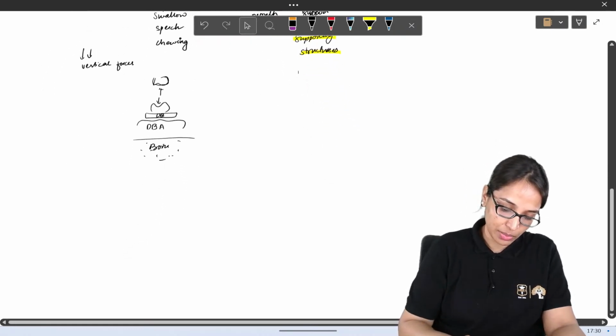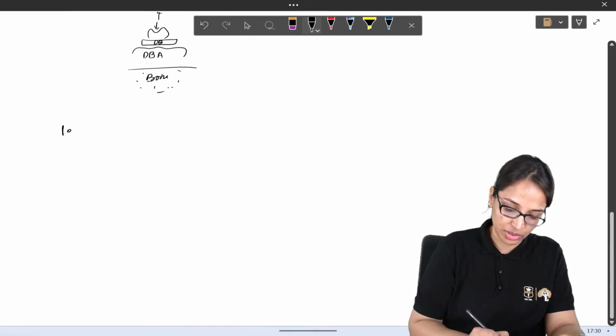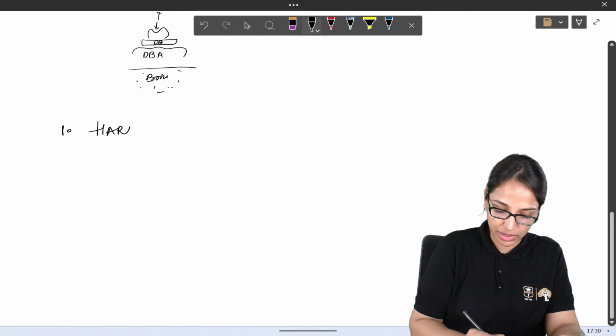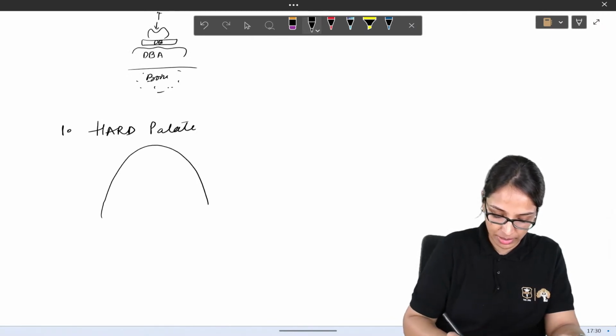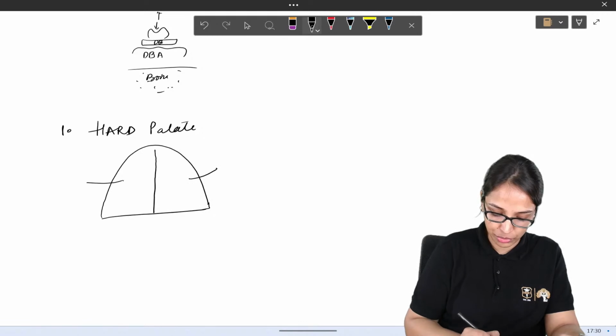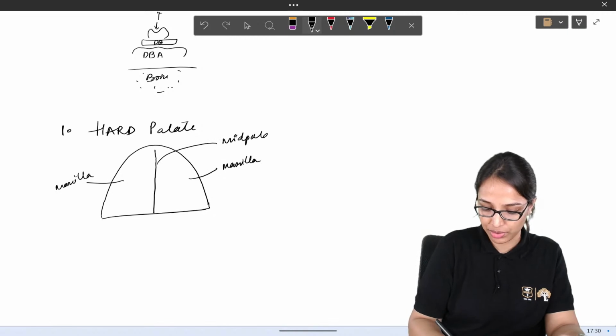Now looking at which structures will give you support, the first structure in the maxilla which gives support is the hard palate. So if you see a maxilla in a section like this, basically it is a union of two bones. So this will be one maxilla, this would be the other maxilla, and the union happens at the mid-palatine suture.